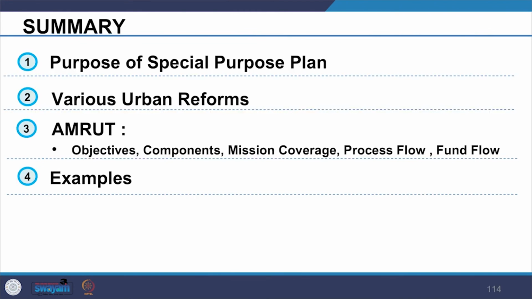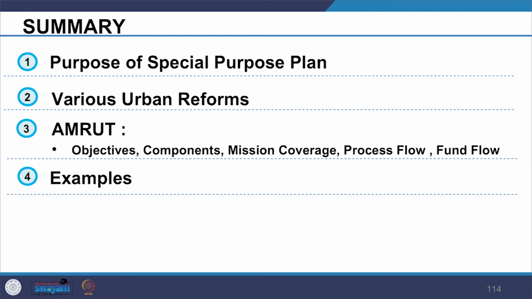So, when we summarize, we see what kind of special purpose plans these are, and they are aligned with the mission. Today we saw AMRUT, and through that how these special purpose plans are being linked with the vision, how they are linked with the state level plans, and then how at the urban local level plans and different projects are being formulated.